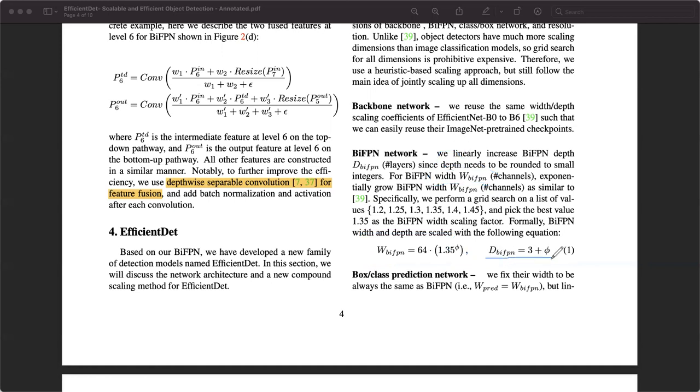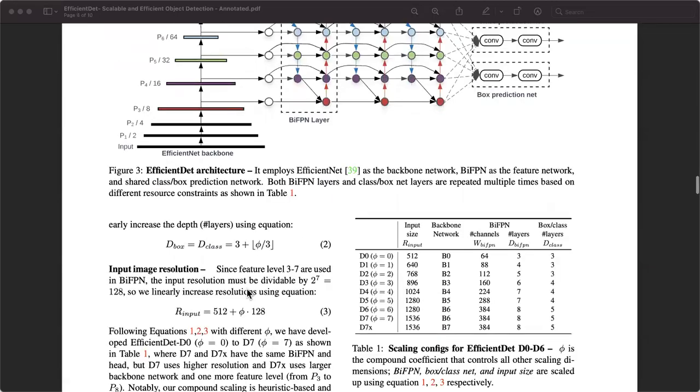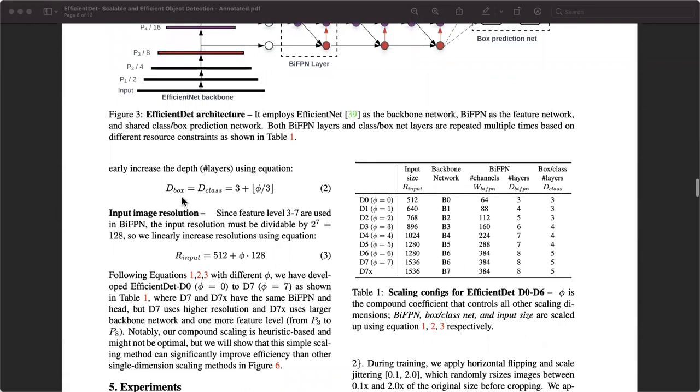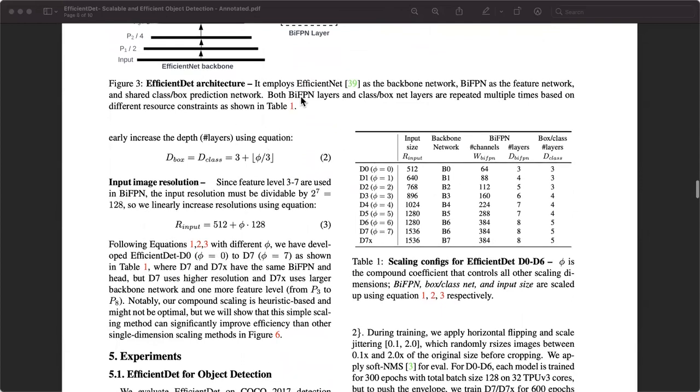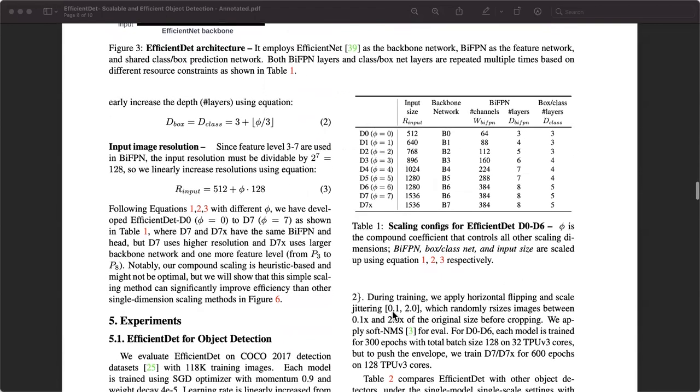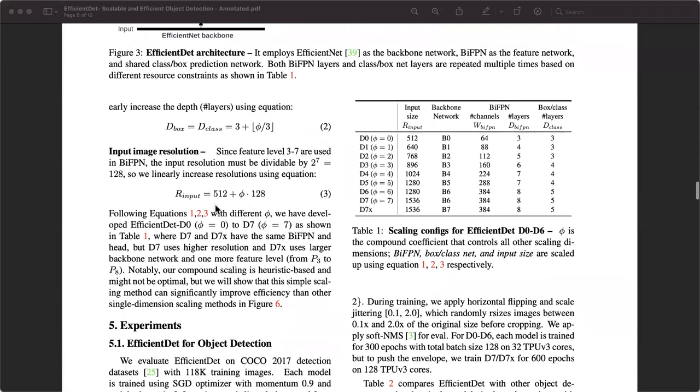And in terms of depth, they scale it linearly. And even for resolution, they also scale in a linear way.